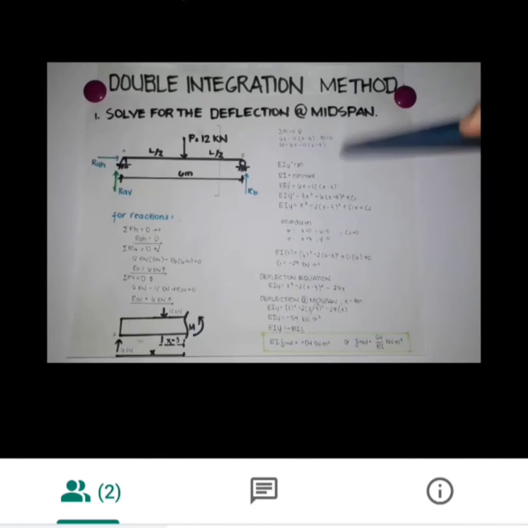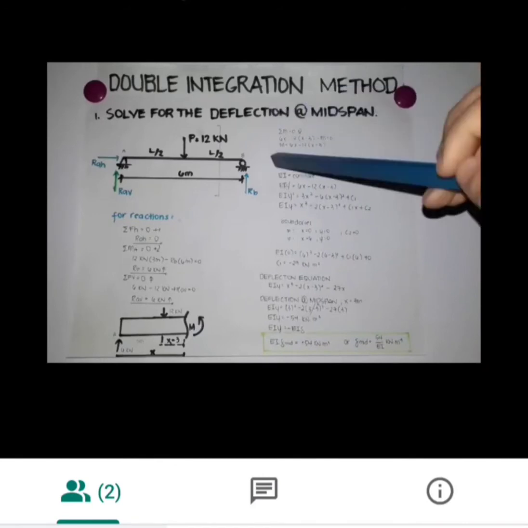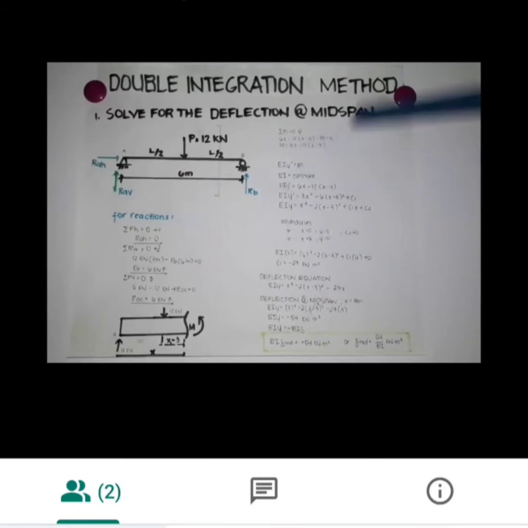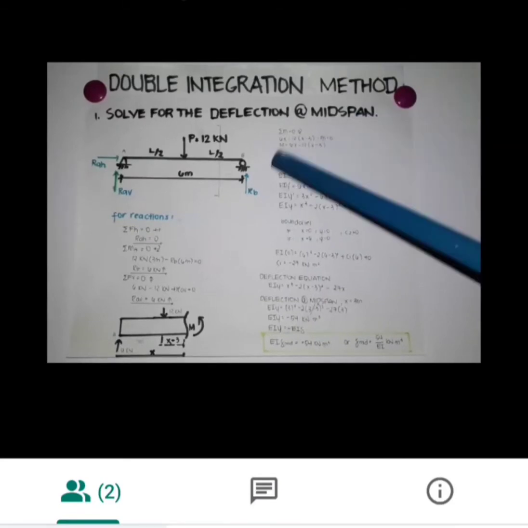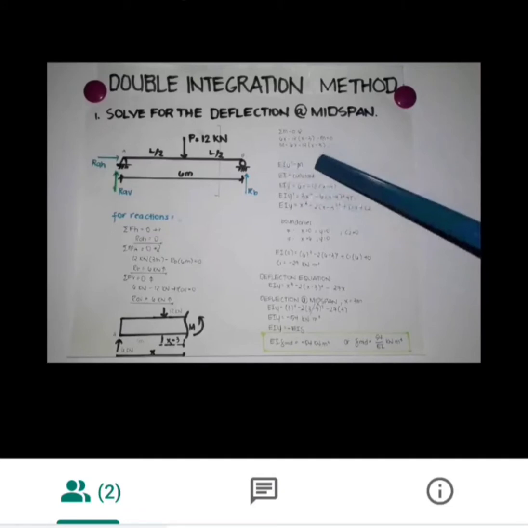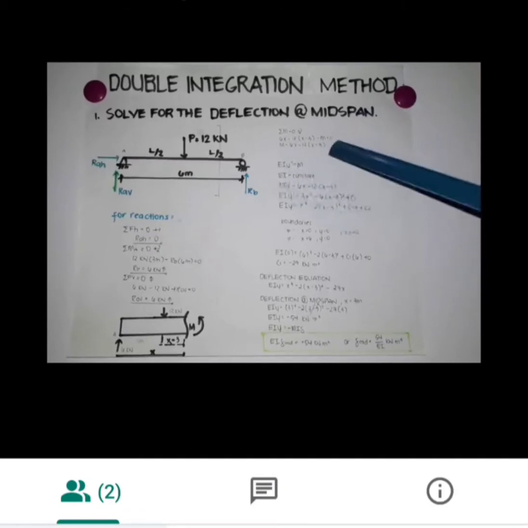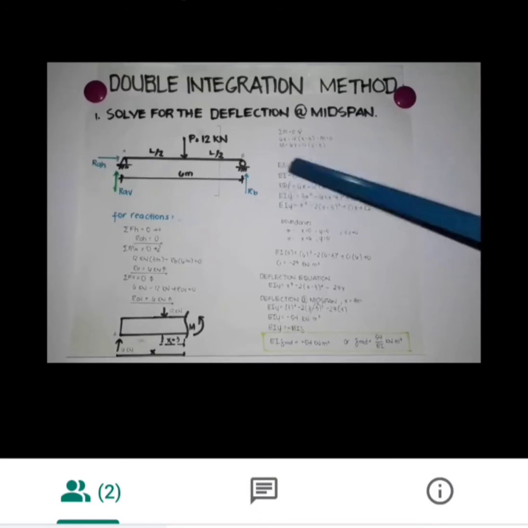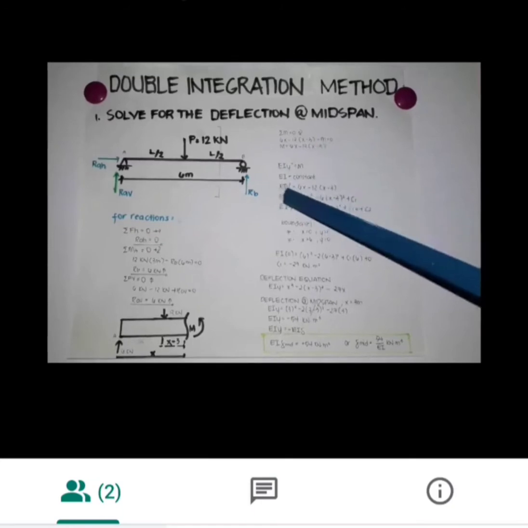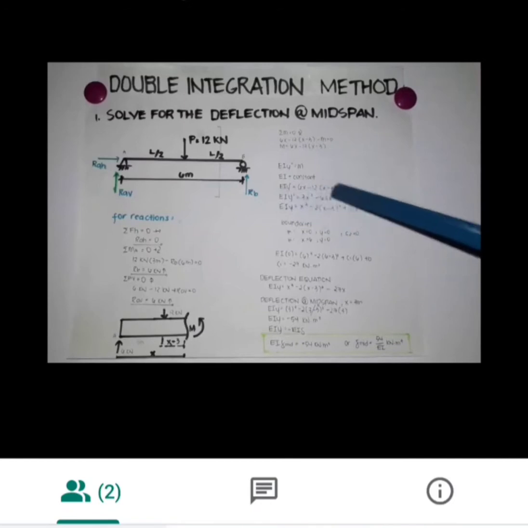Pag i-arrange natin siya, magiging M is equal to 6x minus 12(x minus 3). After that, sisimulan na natin yung double integration method. Using yung formula, EI y double prime is equal to M, where EI is constant. So substitute lang natin yung nakuha nating value ng M. Yung makuha natin is EI y double prime is equal to 6x minus 12(x minus 3).